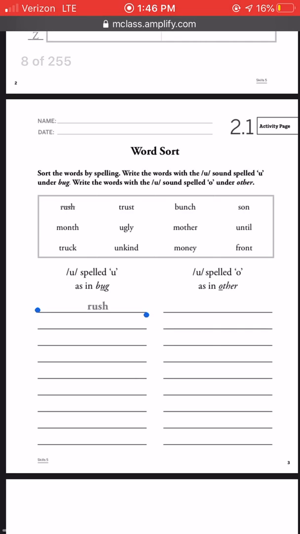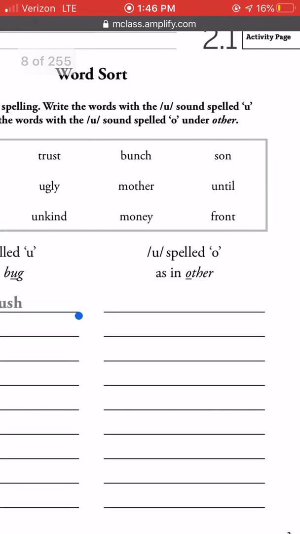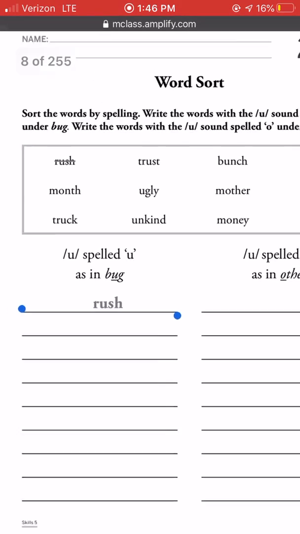Okay? Let's go on to the next word. Month. That O makes the sound. So which column do you think that word is going to go under? It is going to go under the spelled O as in other column. Okay?